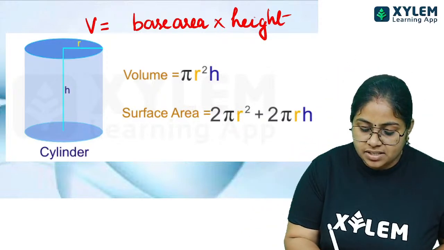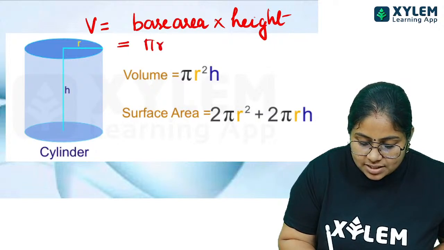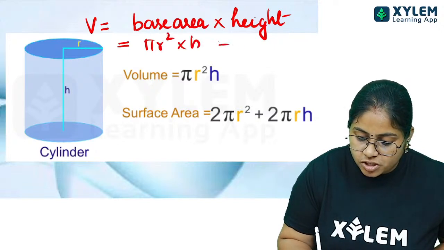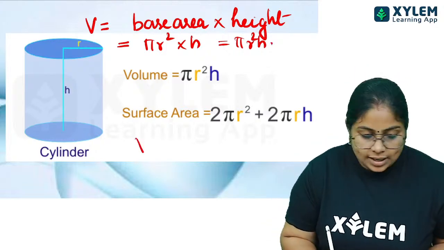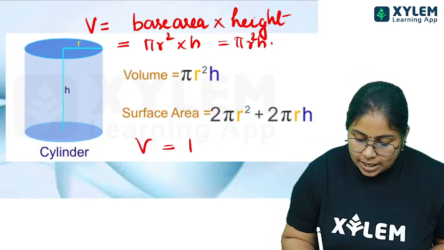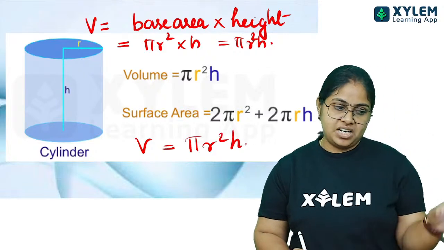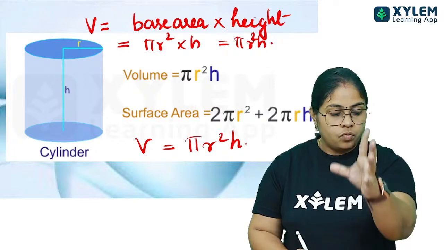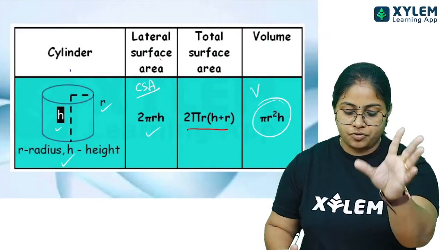Here the base is a circle, so we have pi r square into h. So the volume is equal to pi r square h. Many children are commenting the answer. Volume of cylinder is equal to pi r square h. Now the formula is clear.